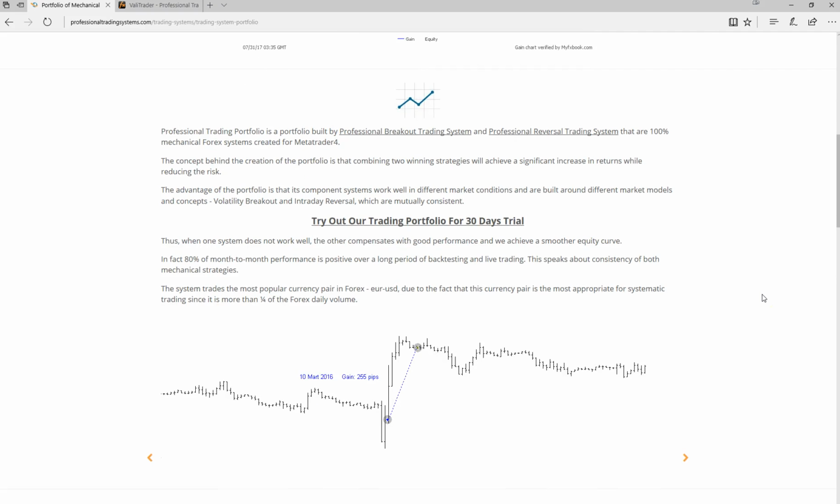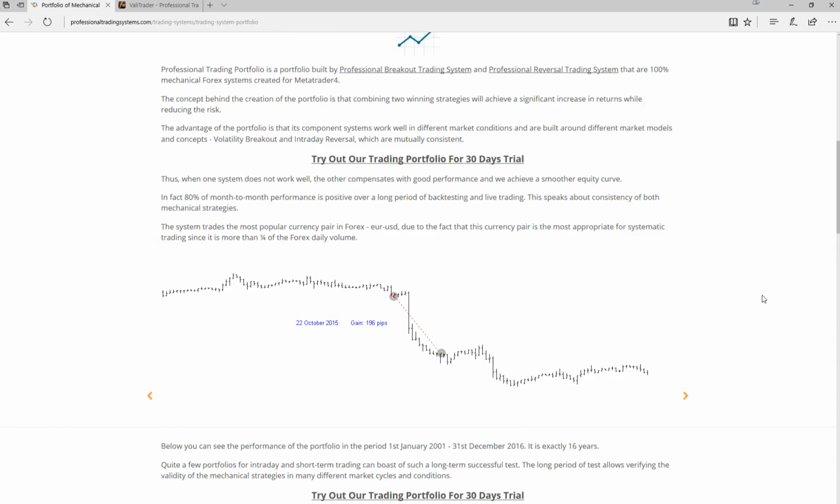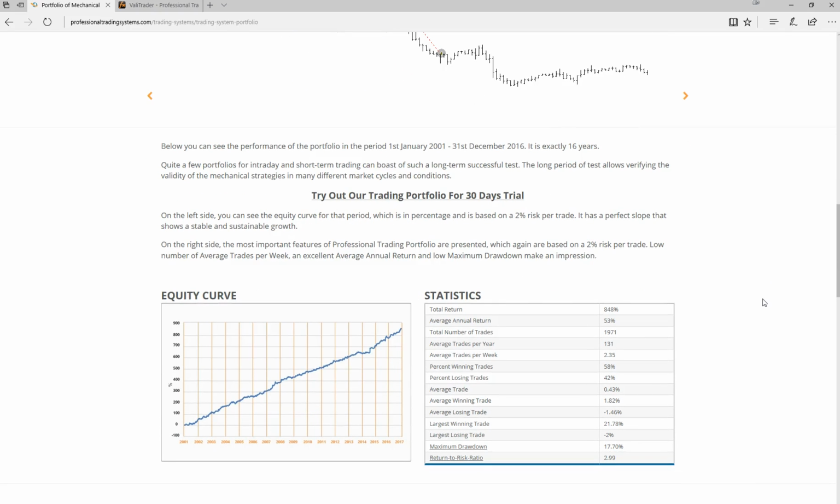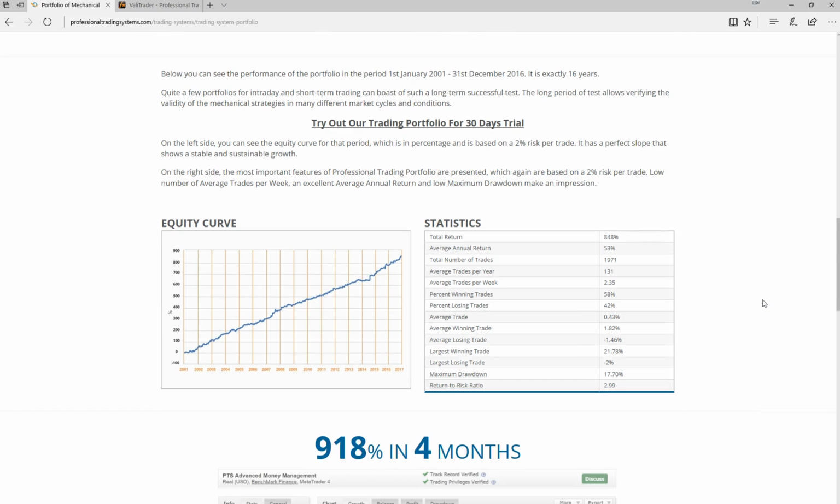And if we just continue to scroll down, we can see this is the combined performance. Now this is a back test, a 16-year back test of the systems from the 1st of January 2001 to the 31st of December 2016. So we can see the combined results of both systems in these stats here based on the back test.